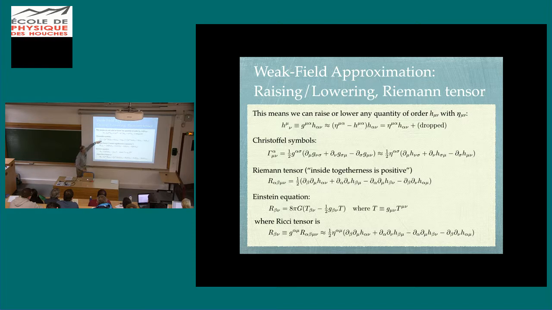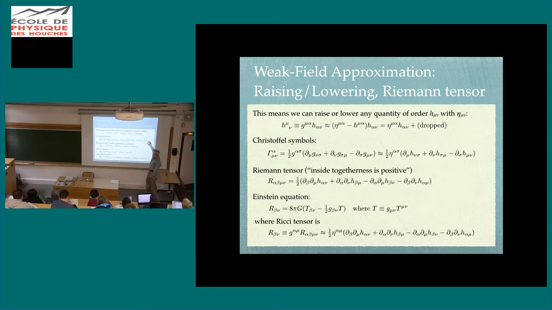So let's look at the Christoffel symbols. Why does the Christoffel symbol become this simpler expression in this limit? First of all, I replace the upstairs metric with the flat space metric. Why? You were using the metric to raise the upper index there, so you can. Yeah.